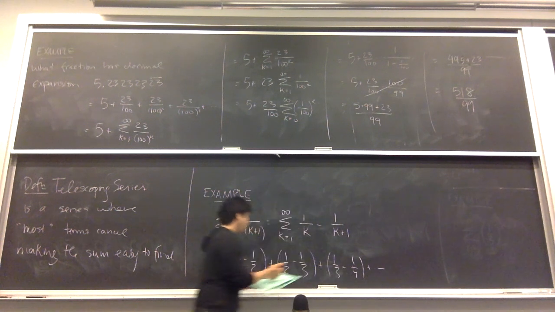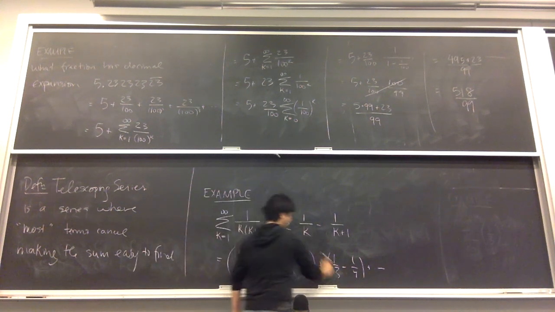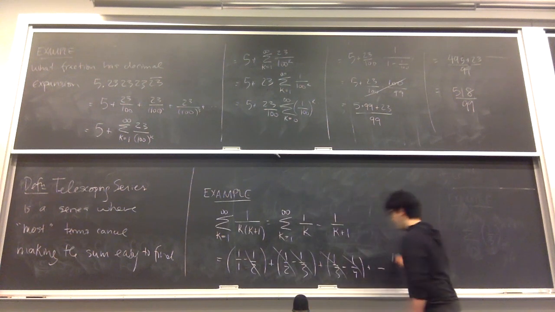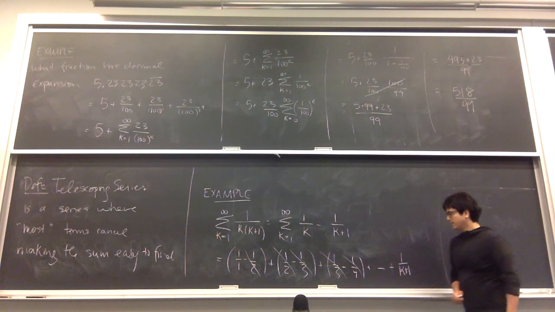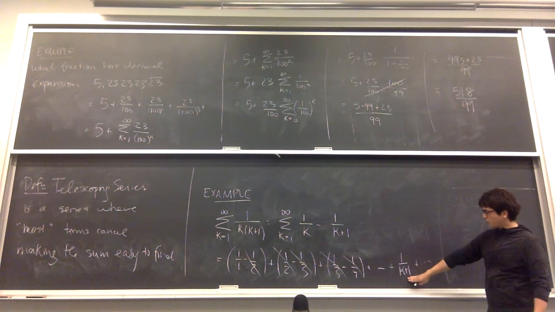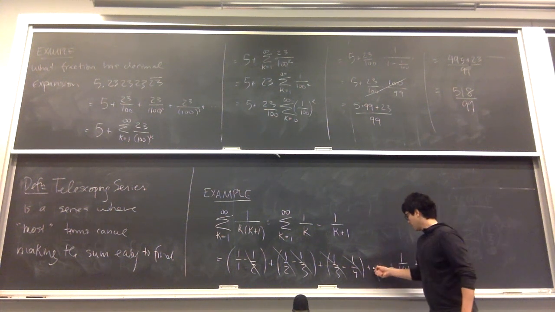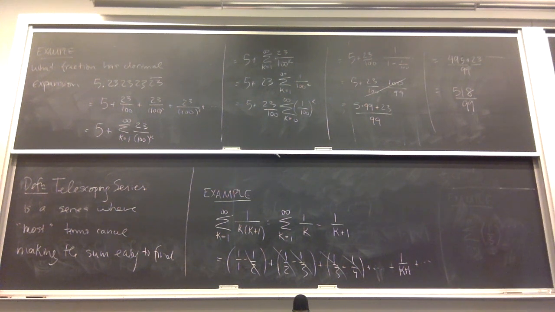So you end up canceling most of these terms, and what you're left with is 1 minus 1 over k plus 1. The point is you get a closed form for the partial sum. So a telescoping sum is one where this happens.